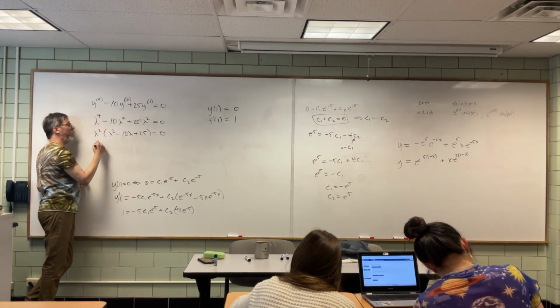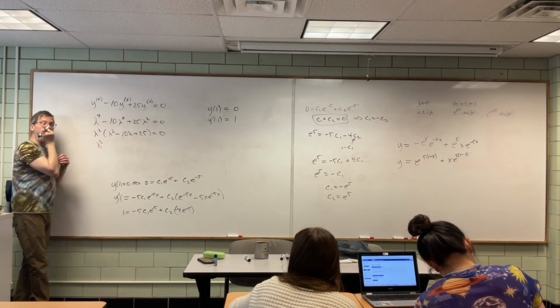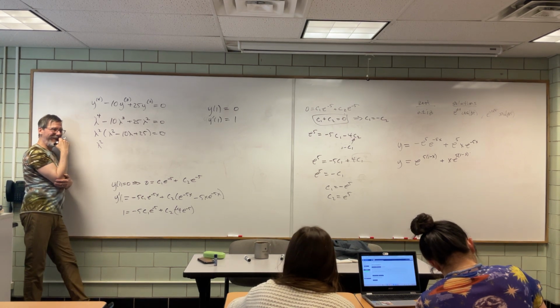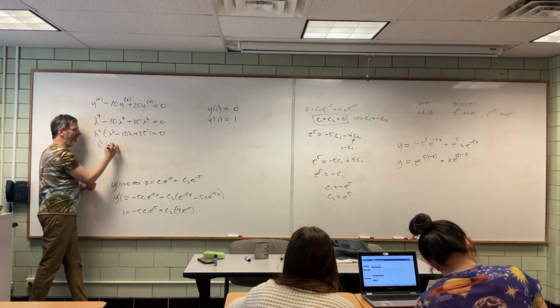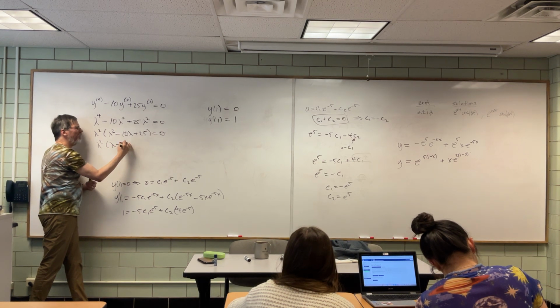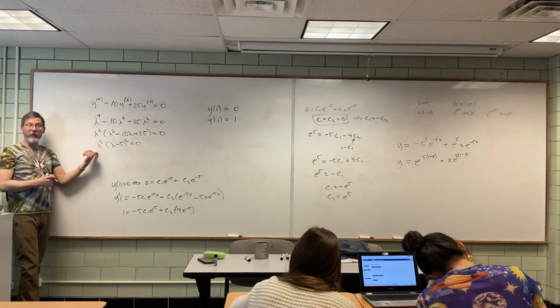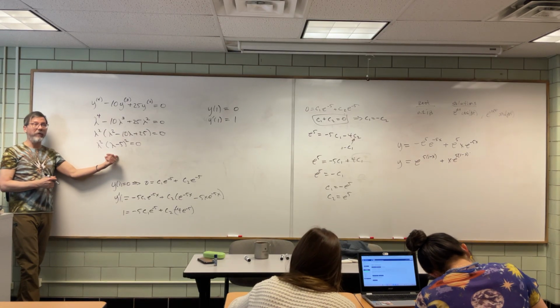What about this? Factor it, so it would be lambda minus 5 squared. Beautiful, very nice. So we've got a repeated 0 and a repeated 5.